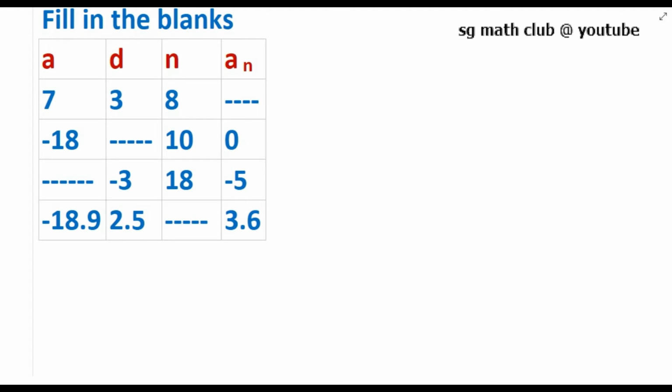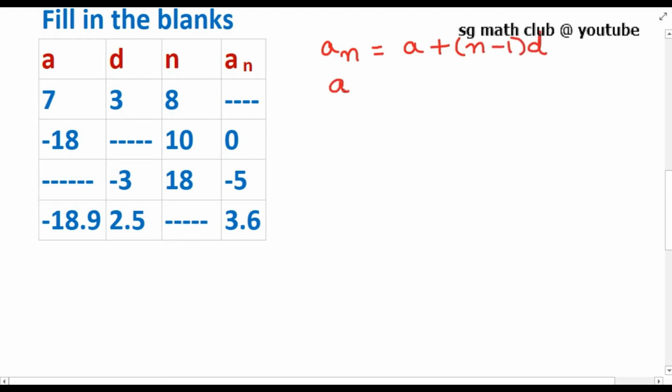Fill in the blanks. So first term is given as 7, common difference is given as 3, n is 8, and we need to find a_n. So here we'll write the general formula a_n equal to a plus (n minus 1) into d. We need to find with n as 8. So a_8 we need to find, that is a plus (8 minus 1) into d.